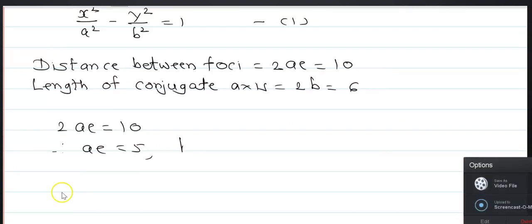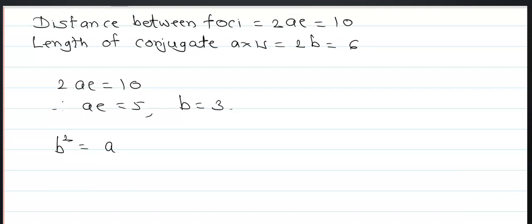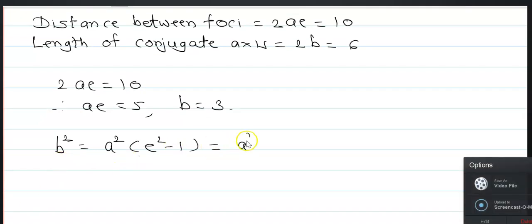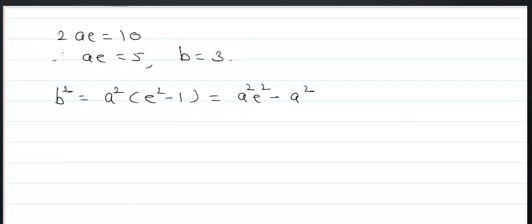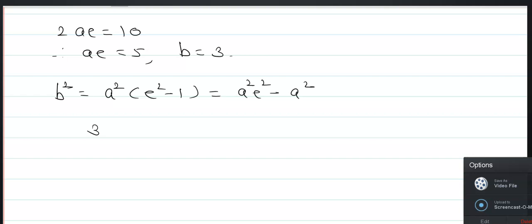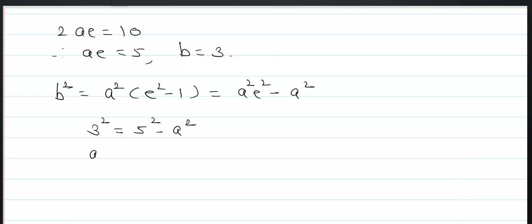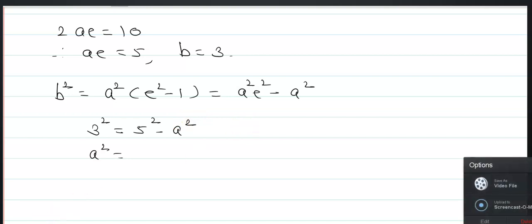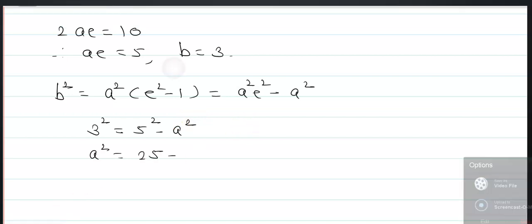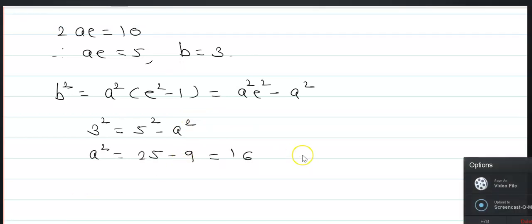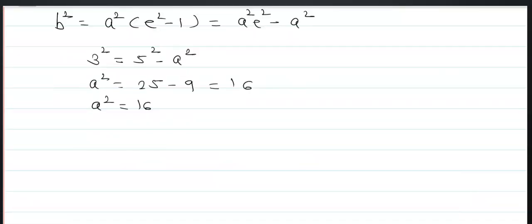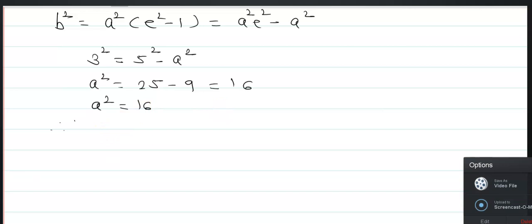Therefore 2A E is equal to 10, so AE is equal to 5, B is equal to 3. B square is equal to A square in bracket E square minus 1, that is A square E square minus A square, that is equal to 5 square minus A square, that is 3 square. A square is equal to 25 minus 9, that is equal to 16.